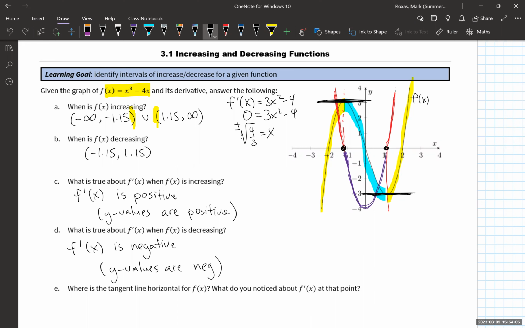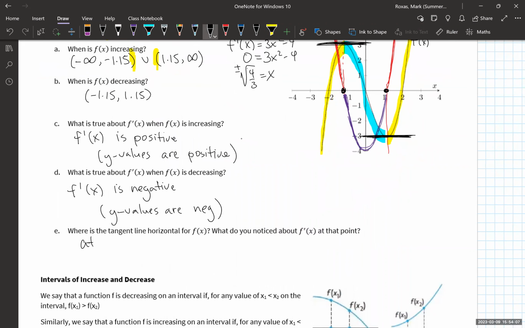So at x equals negative 1.15 and 1.15, f'(x) is 0. Remember, the slope of a horizontal line is 0.